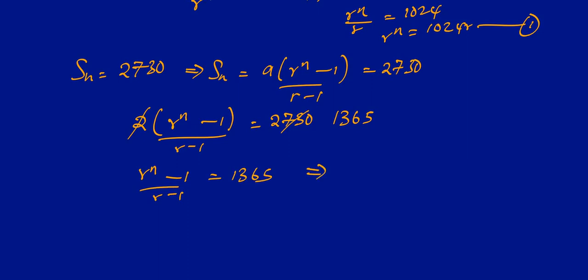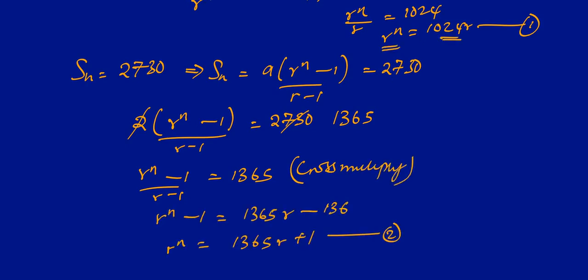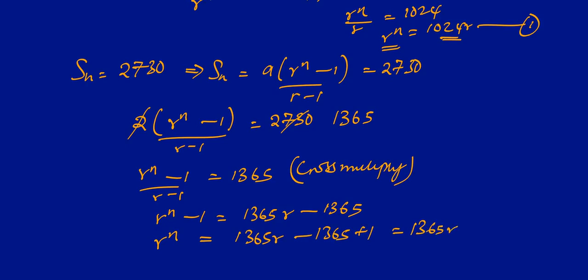When you cross multiply, sorry about that, if you take a look at that again in this line now, that will be r^n - 1 equal to 1365r - 1365, plus 1, and this will be 1365r - 1364. But r^n is that.